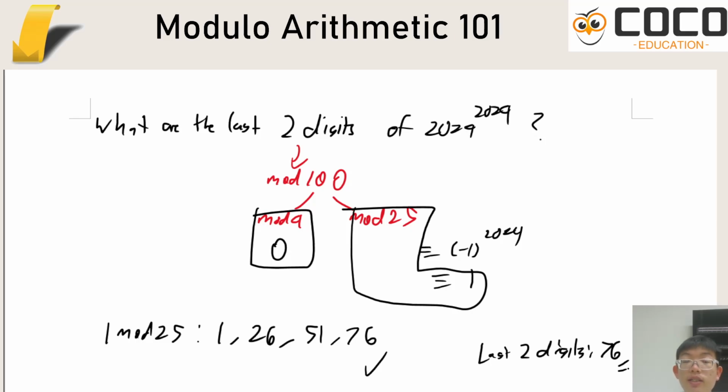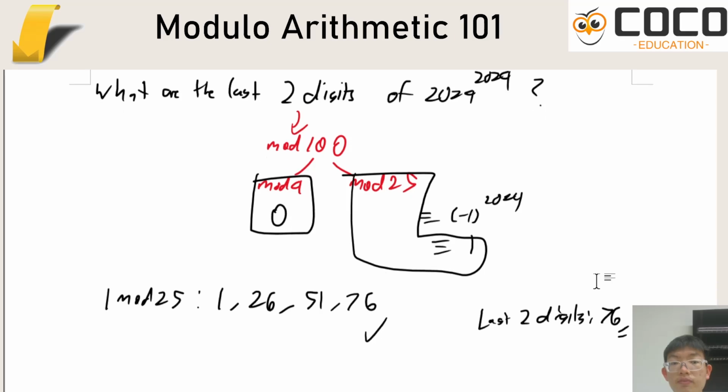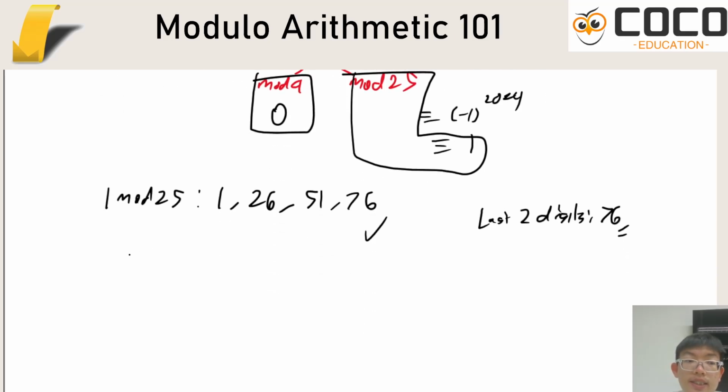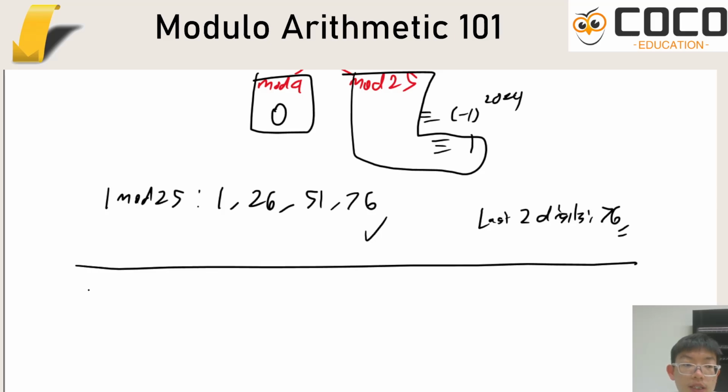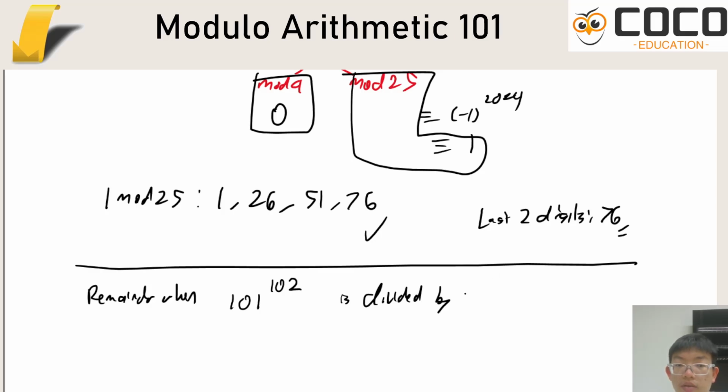At this point, this means that we have the ability to calculate most of these things. As one final example, let's say that I now ask what is the remainder when, let's go with 101 to the power of 102, is divided by, let's go with 42.